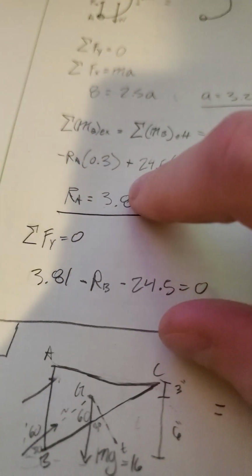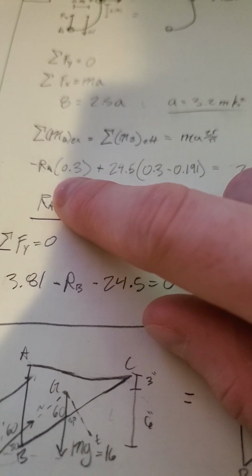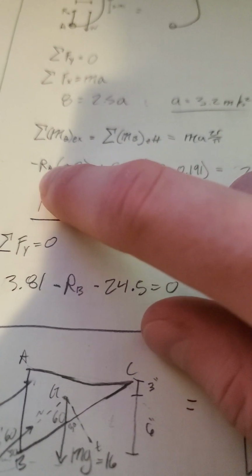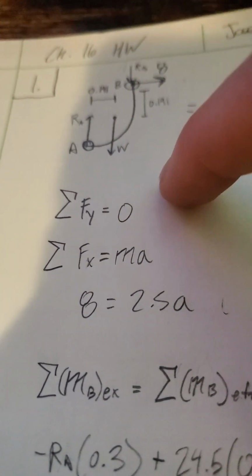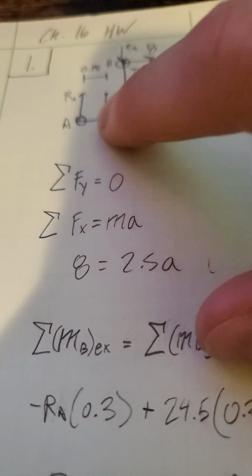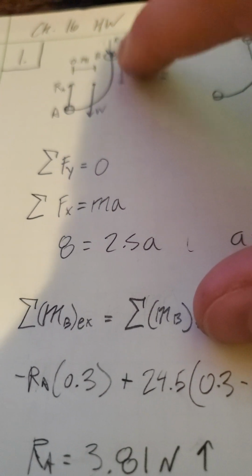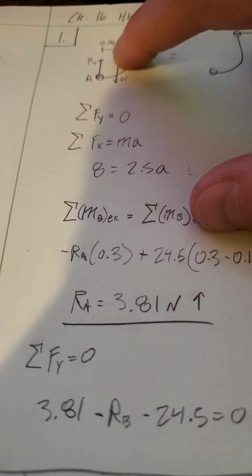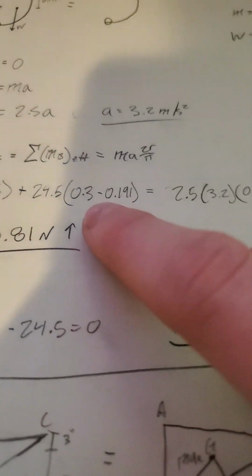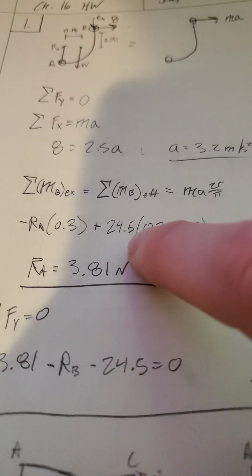You can basically just plug these numbers in. So we're going to have the reaction force at A, which is the radius away from B. That's one radius right there, which is 0.3. And then we have the weight.